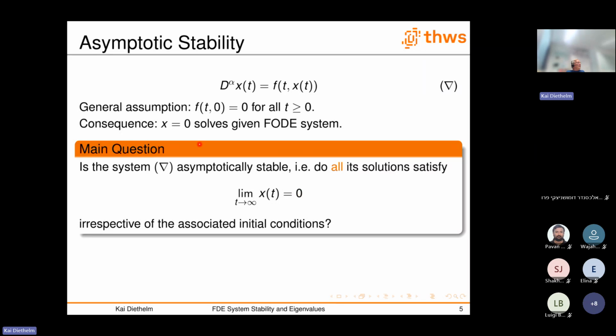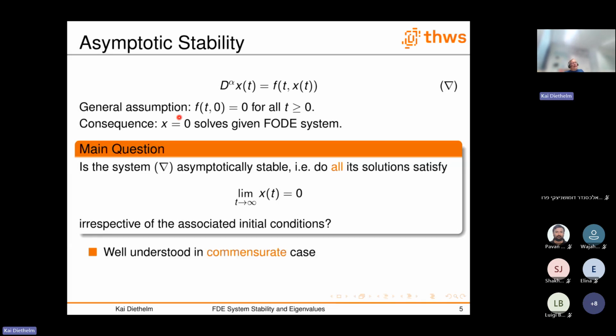Or in other words, does it converge towards this trivial solution? And if that is the case for any solution, then we are saying this system is asymptotically stable. And that's a crucial point when you want to use such systems in the modeling of real-world processes. You don't want your process to explode.